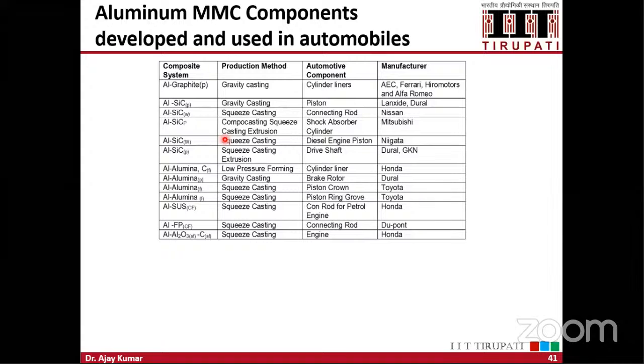For example, the aluminum graphite composite system can be used for cylinder liners, piston, connecting rod, driving shaft, and brake rotor. And these are the different manufacturers, like Ferrari, Nissan, Dural, Honda, Toyota. These are the different manufacturers who are making these composite materials by using the casting process.